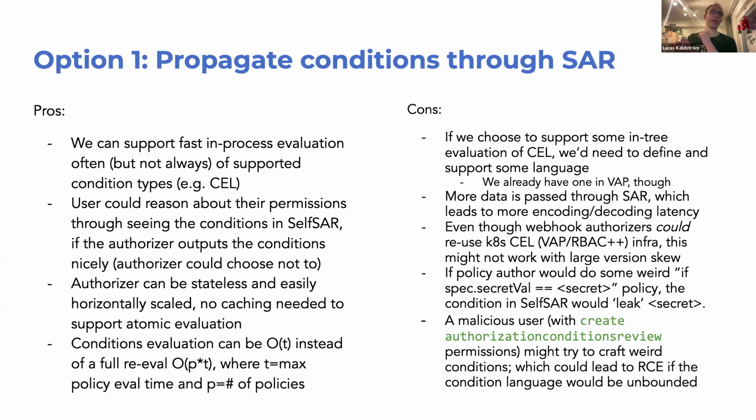So sometimes it might anyways call back the authorizer. The user could reason about their permissions through seeing them in SelfSAR, or maybe they wouldn't. It's the same thing as for rules review, or I forget the API, that is enumerating in Kube. It can always be incomplete. So that's of course a drawback.